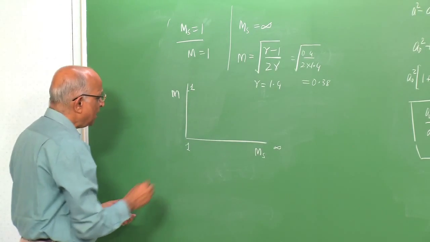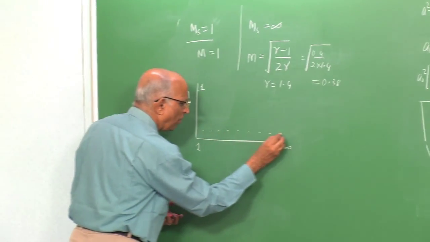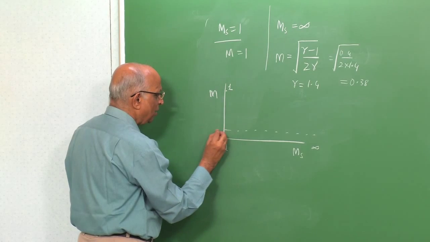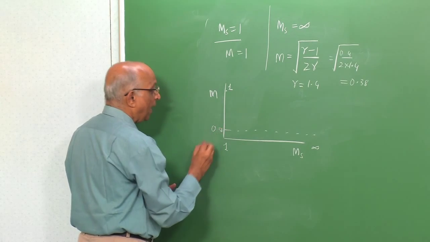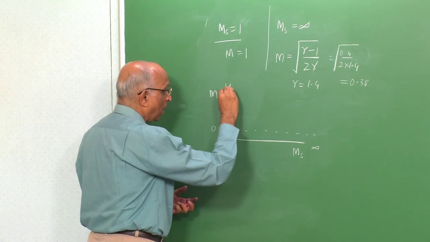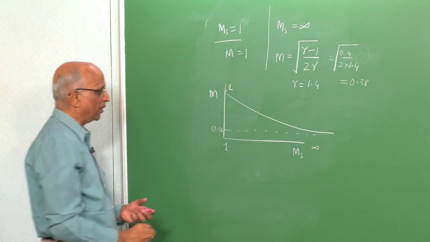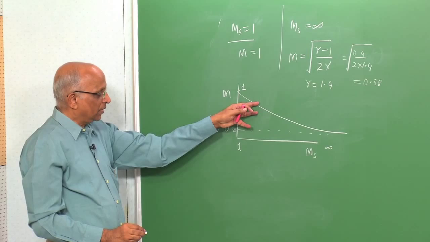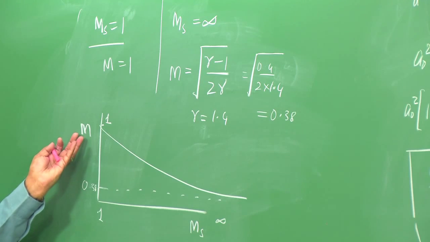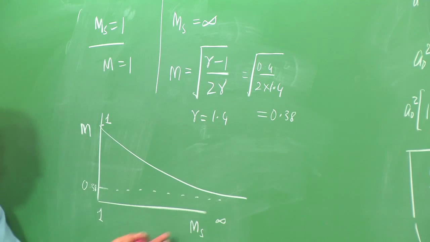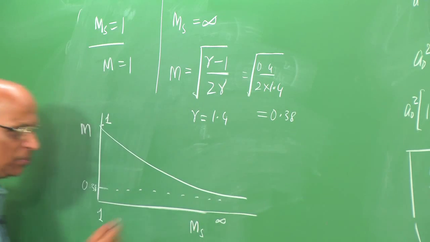In other words, in the limit of a very strong shock wave, the value of M is 0.38, and the downstream Mach number keeps decreasing till it reaches a value of 0.38. This is how the downstream Mach number changes with the shock Mach number.